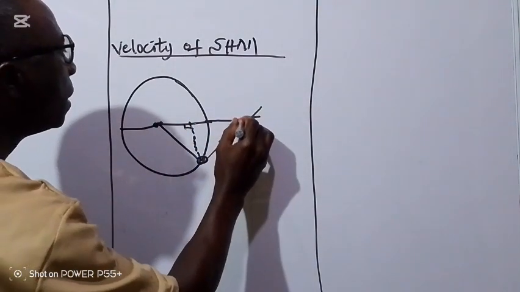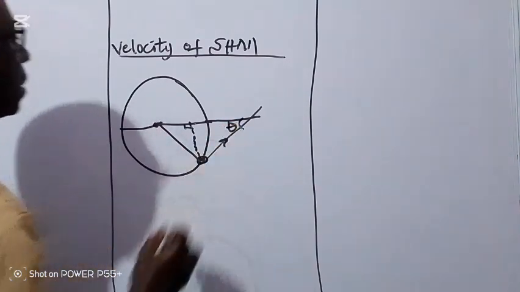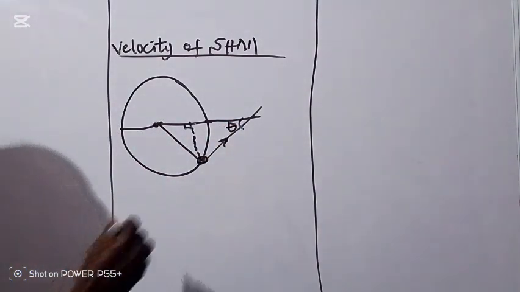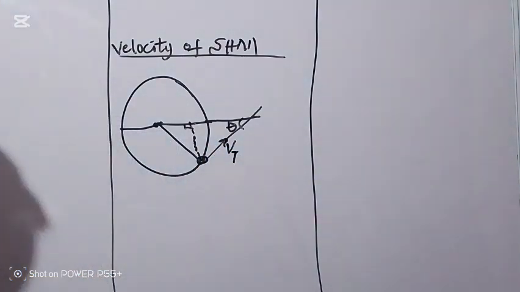The angle made here will be theta. So here is the tangential velocity, Vt.